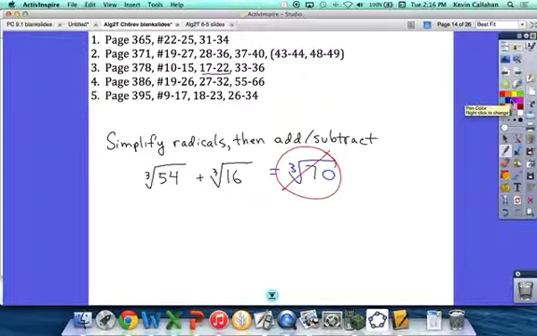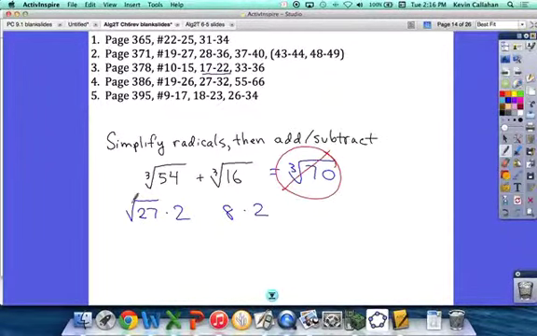Okay, but 54 is not a perfect cube, but does it have any factors that are perfect cubes? Yes. 27 times 2, right? 16 is not a perfect cube, but does it have any factors that are perfect cubes? 8 times 2.